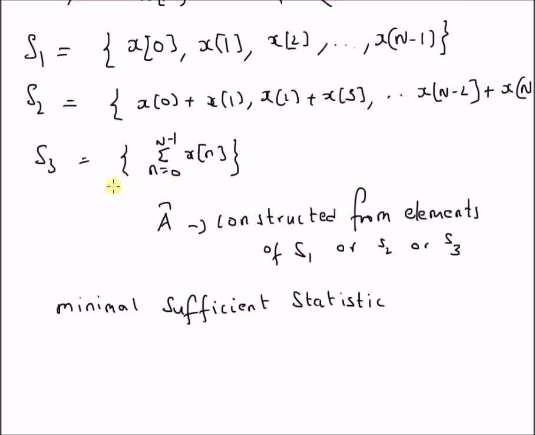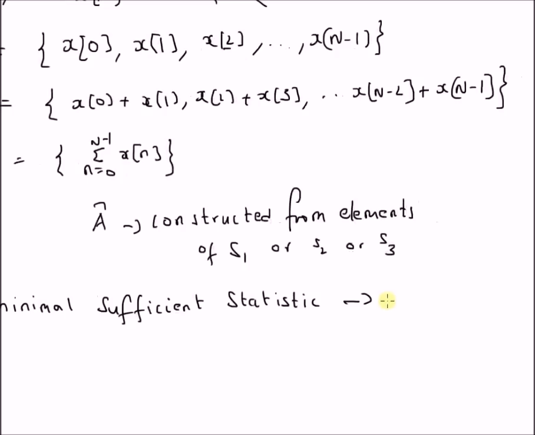In this case, we can clearly see that the sum from n equal to 0 to n minus 1 of x of n, that is the element in set S3, is the minimal sufficient statistic. That is, it has the lowest number of elements possible for constructing the estimator a hat. So here the minimal sufficient statistic is the elements of S3. So they basically belong to S3.